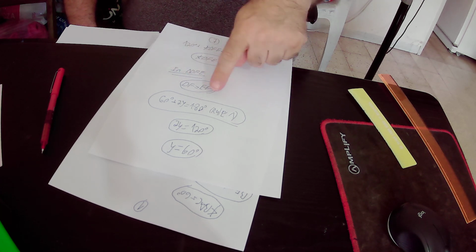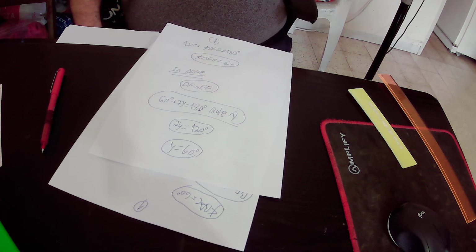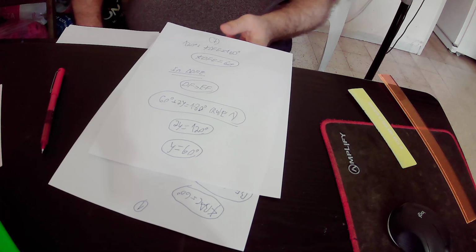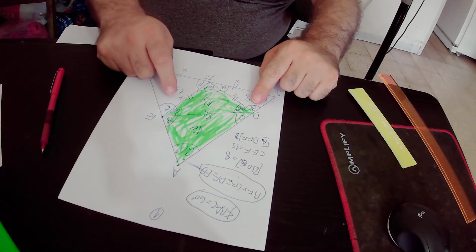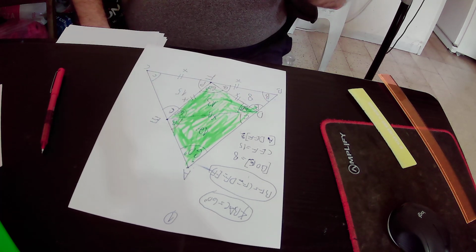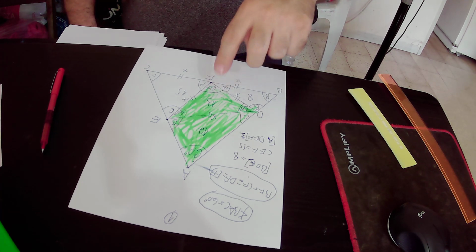We subtracted 60 degrees from this equality and we got that 2y equals 120 degrees. We divided this equality by 2 and we got that angle y equals 60 degrees. So we found out that those two angles that are equal to y are equal to 60 degrees. Actually we found out that all the angles in triangle DFE are equal to each other and equal to 60 degrees.